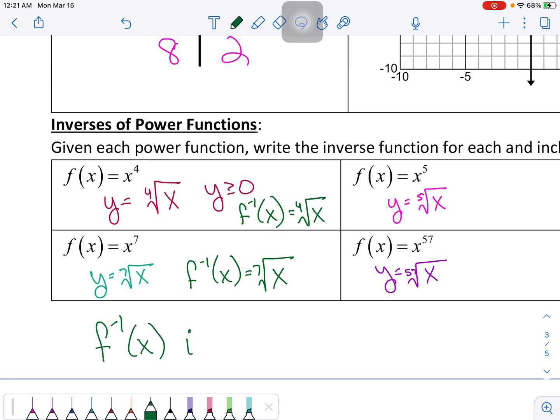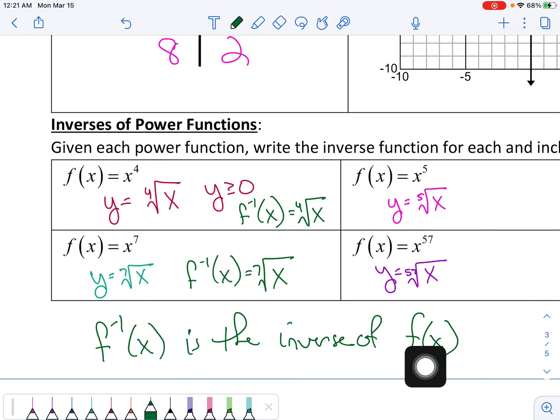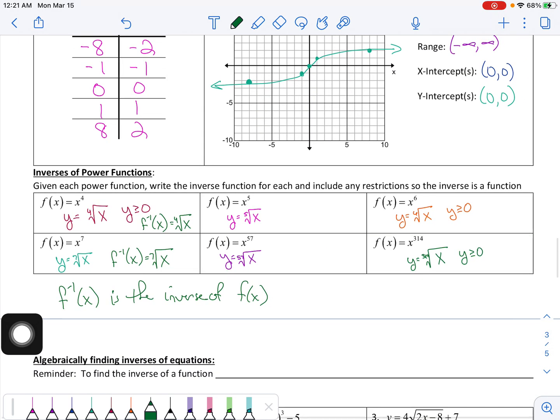So this notation is the inverse of f of x. All right, so just be aware of that when you see that notation. The one thing you want to be careful about is that this f of x function had to be invertible in order for you to use this function notation as the inverse function. So remember, to be invertible means that this function has an inverse that is also a function. So be just a little bit careful with that notation.